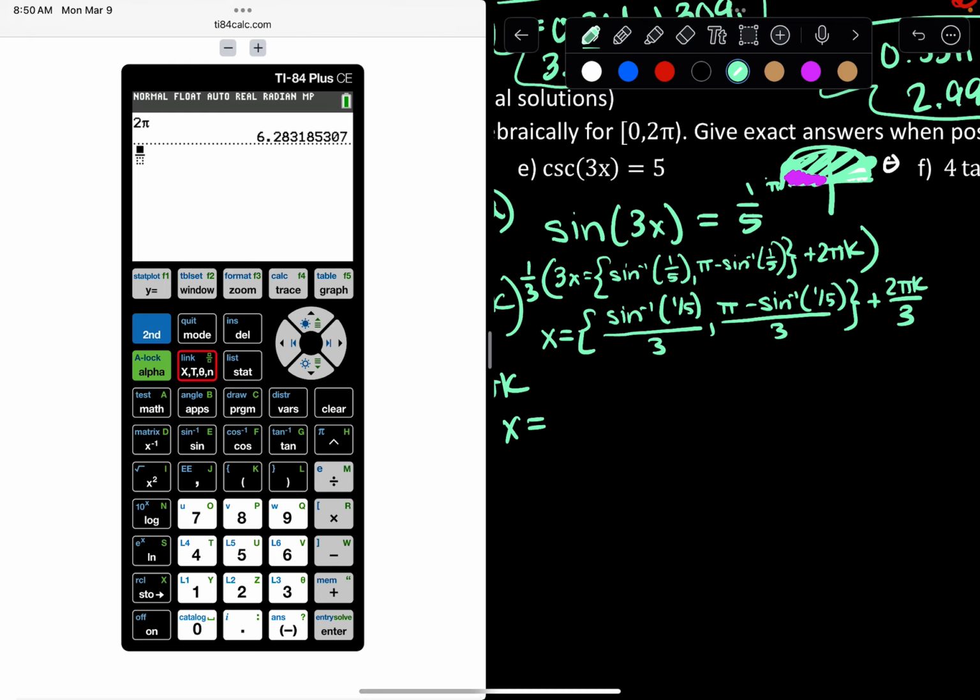All right, so now that x is isolated, I can go into the calculator, set up your fraction bar, alpha x, so I'll have inverse sine of 1/5, and this is all divided by 3. So we end up with 0.067.